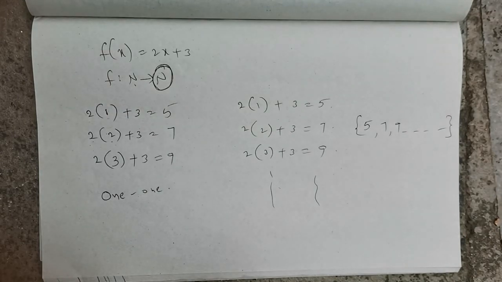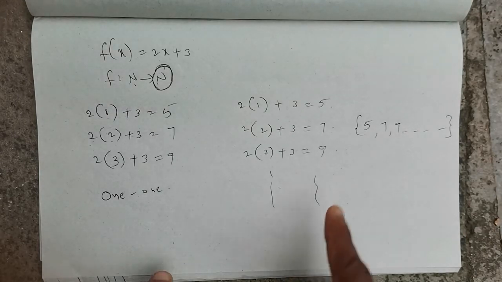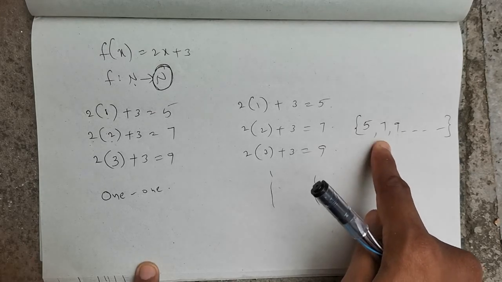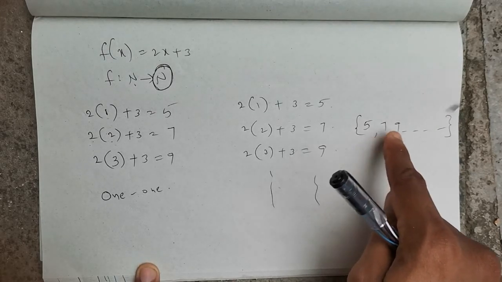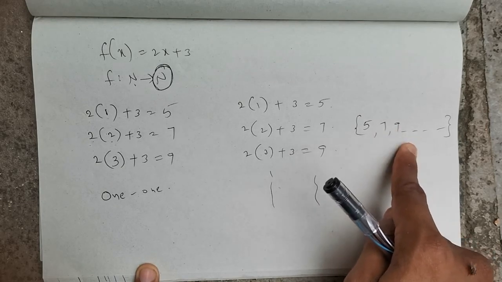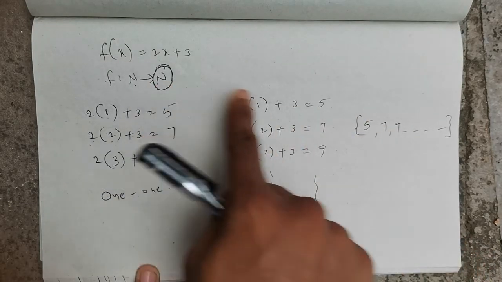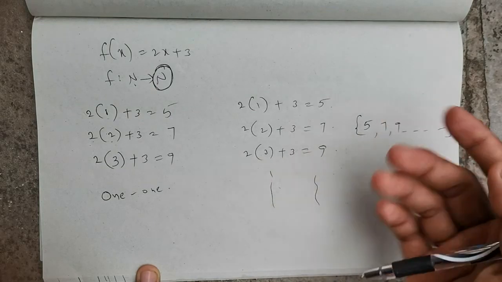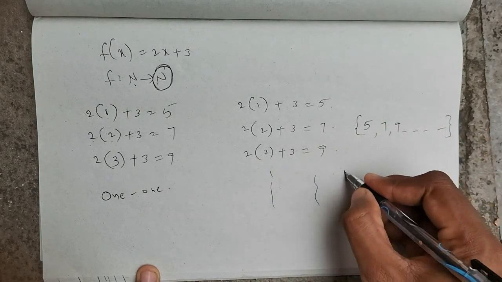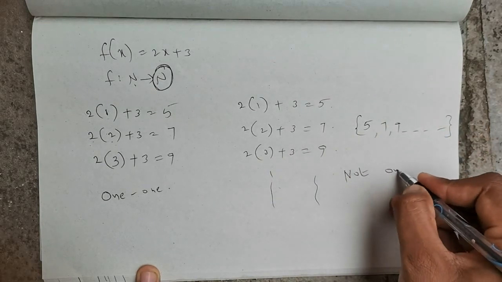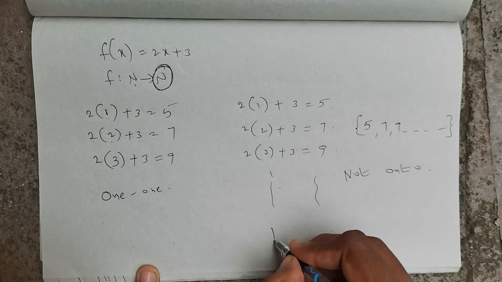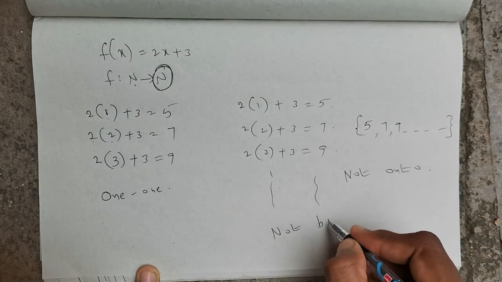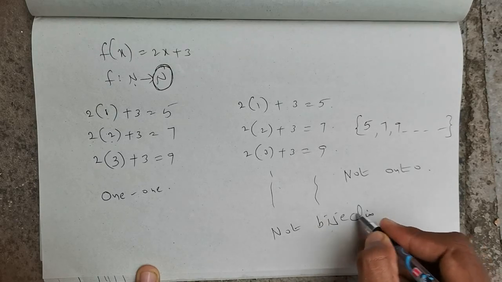All the natural numbers are the codomain. But in this range, 1 is not there, 2 not there, 3 not there, 4 not there, 6 not there, 8 not there. So codomain and range are not equal. So this is not an onto function. If it is not an onto function, then it is not a bijection.